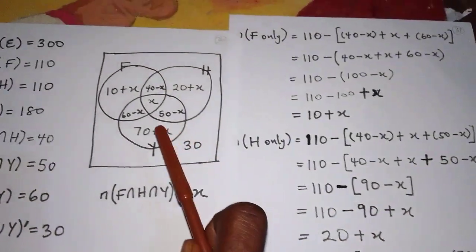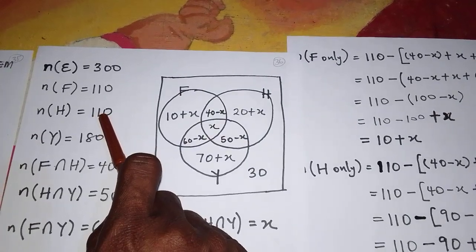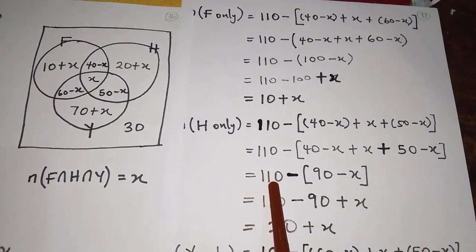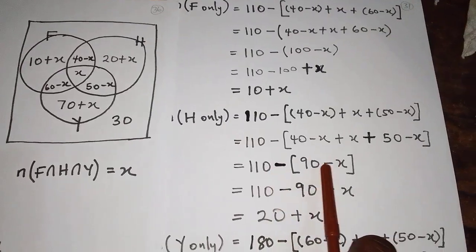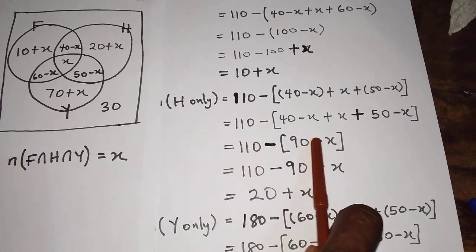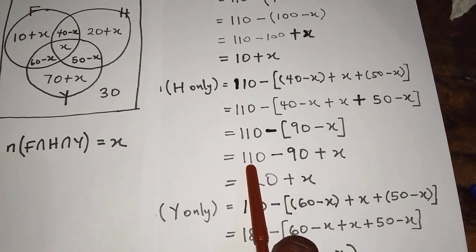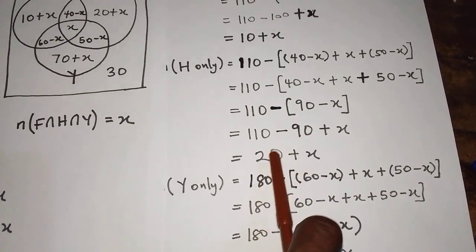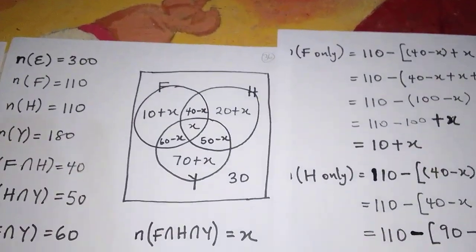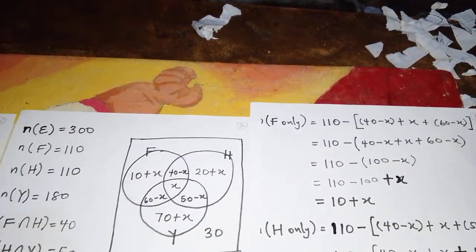Then subtract it from those that offered Hausa only. Those that offer Hausa generally, they are 110 minus 90 minus x. Then we have minus 90 minus times minus will give us plus x. 110 minus 90 is 20 plus x. So write 20 plus x where those that offered only Hausa.